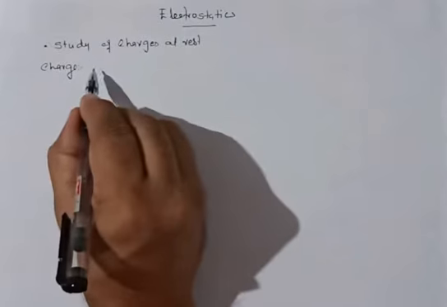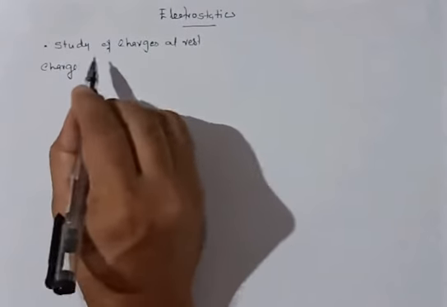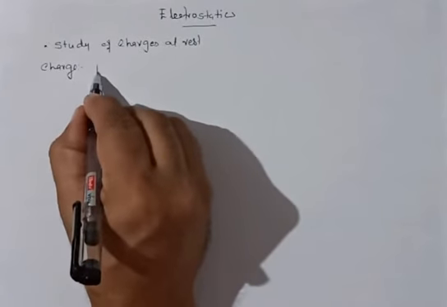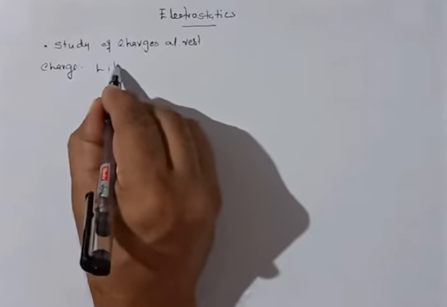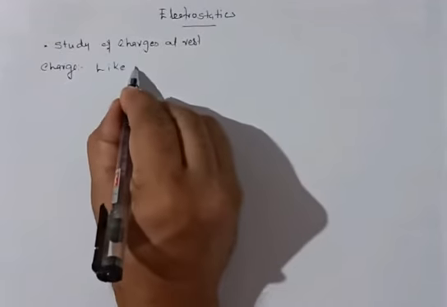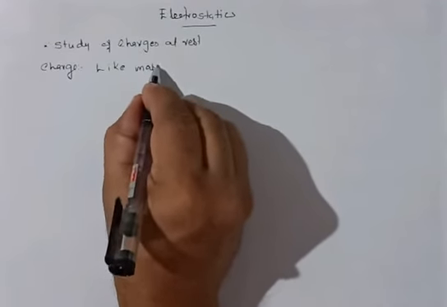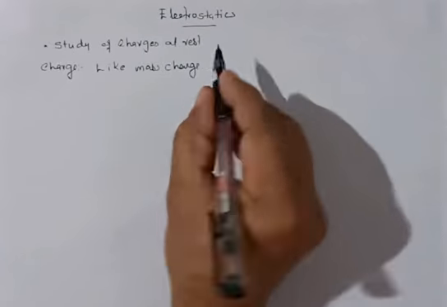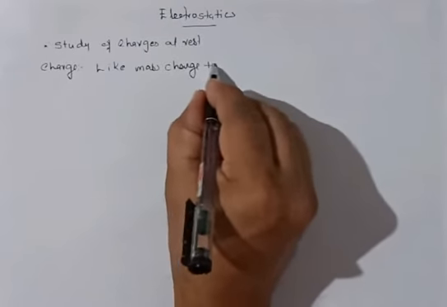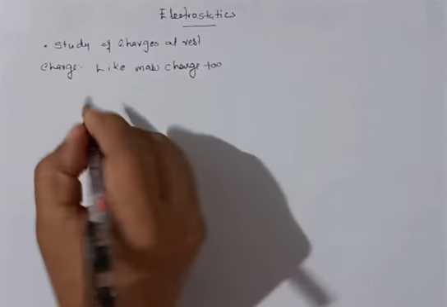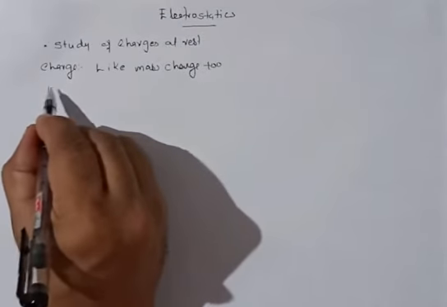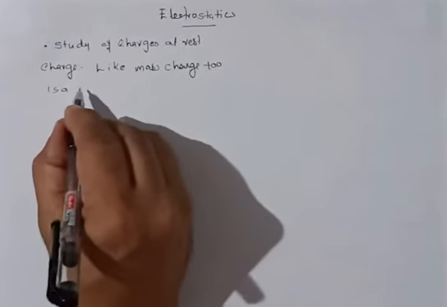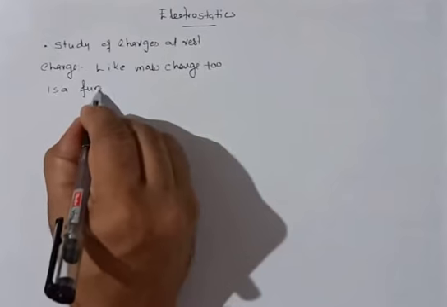Now, talking about charge, it's a basic or fundamental property of matter. Like mass, charge too is a fundamental property of particles. So when we talk about particles like protons, electrons and neutrons and other particles, there are different things which characterize them.